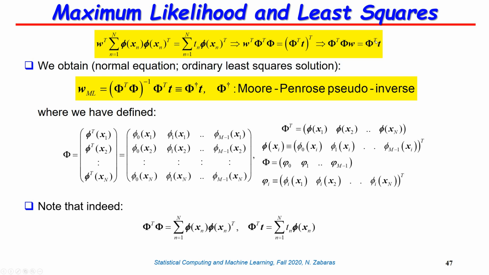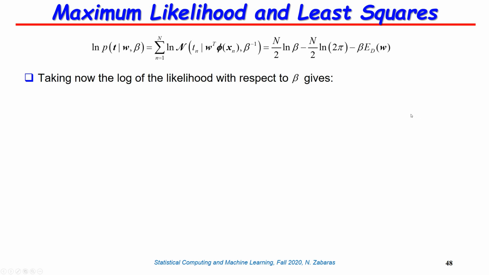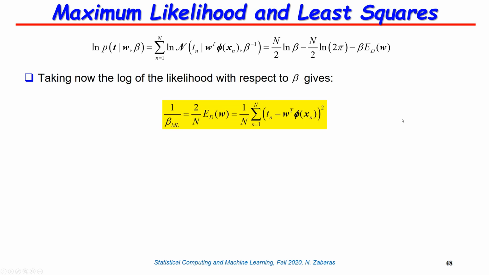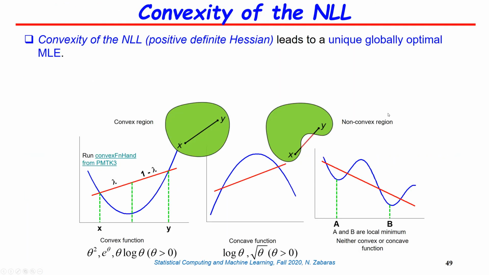And that's what I have here. Hopefully that reminds you of a least squares solution. And the W that you get there by inverting phi transpose phi is what is called the Moore-Penrose pseudo-inverse. The estimate for the variance we already have seen in an earlier slide, so I am not going to repeat it.